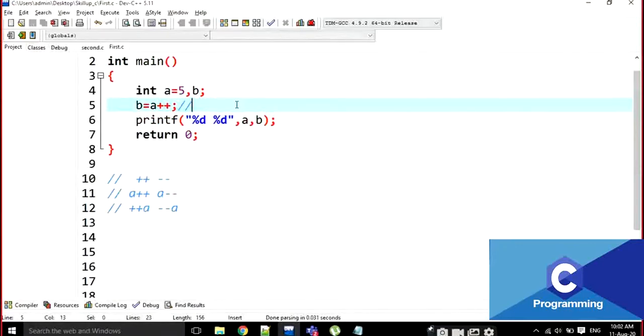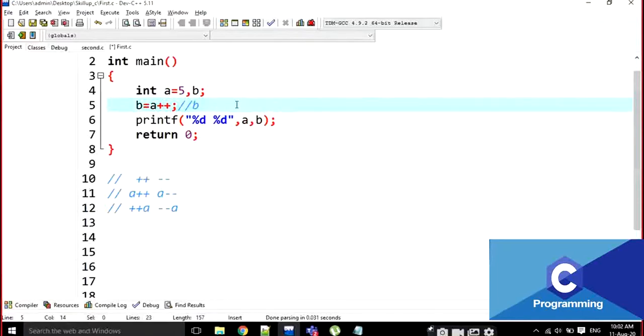Is it pre-increment or post-increment? Post-increment, no doubt about that. Why? Because the operator is after the operand. That's why it is called post. Post means step 1, then step 2. This statement is going to be converted into 2 steps.